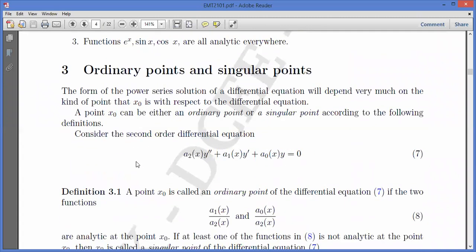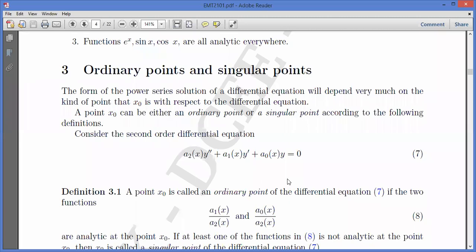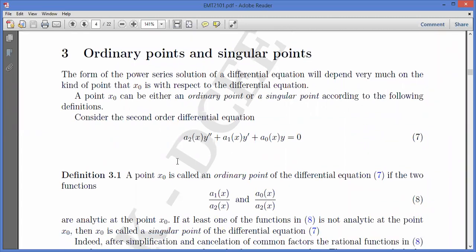Okay, ordinary and then singular points. This one takes us back, but we can simplify it. We are saying that a point can either be ordinary or singular according to the definitions. And what are the definitions? If you have a second order differential equation, this is what I started demonstrating when that lady asked.